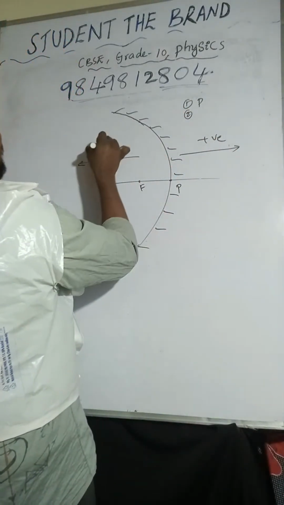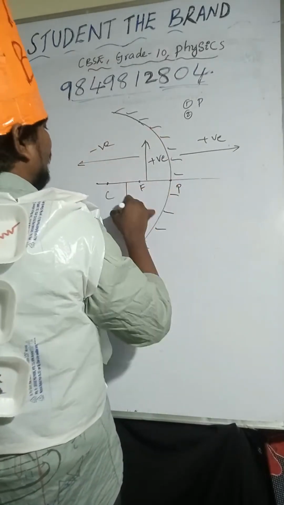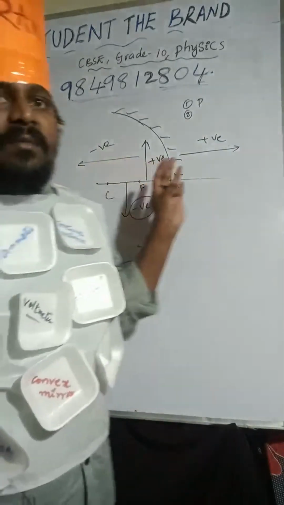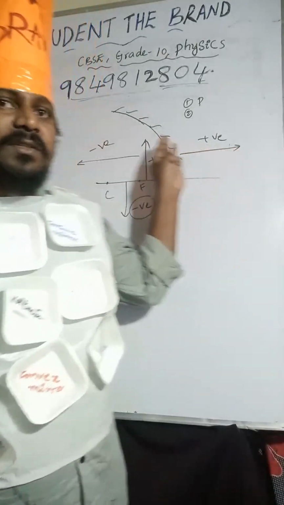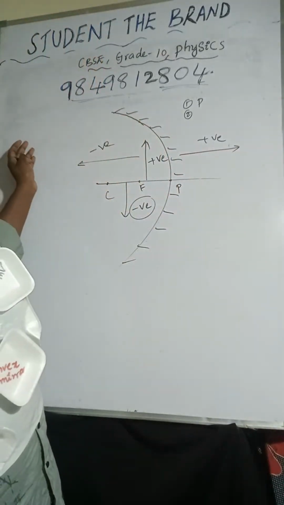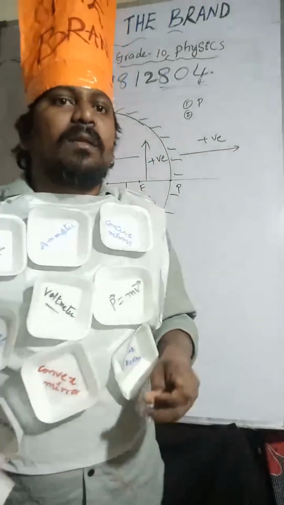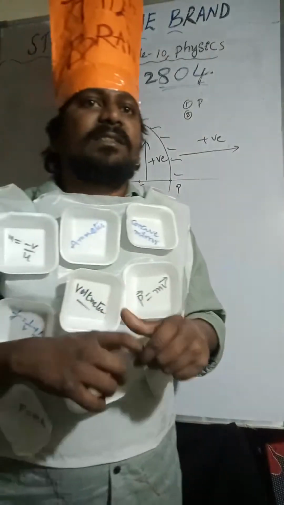Opposite to incident ray is negative. Above the principal axis positive and below the principal axis negative. Once again, all measurements will be taken from the pole. So these are the sign conventions.